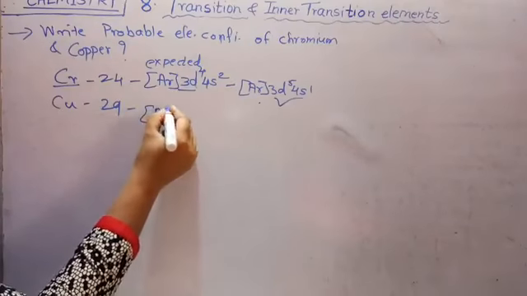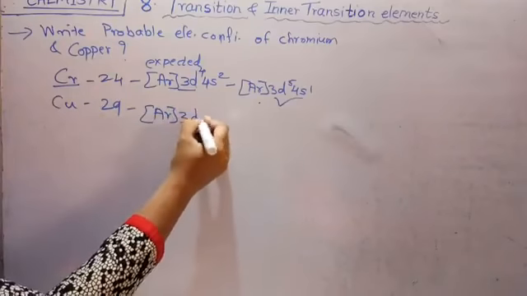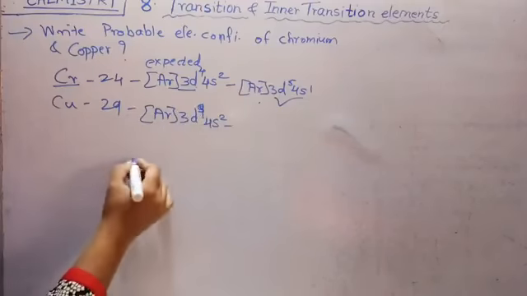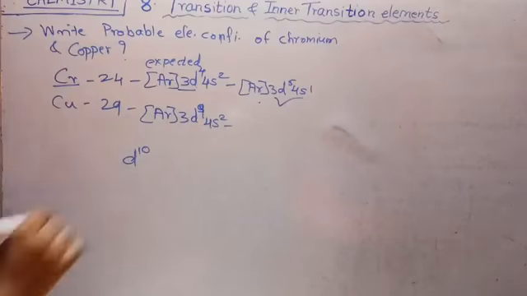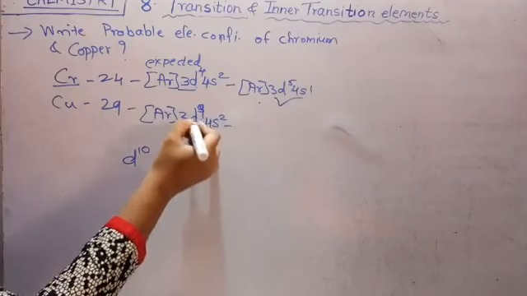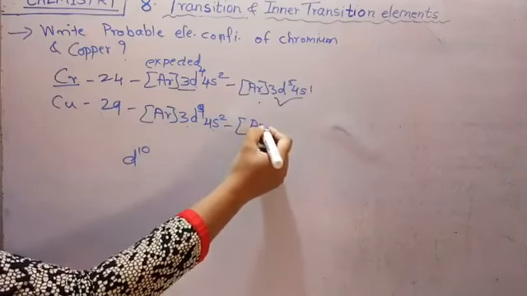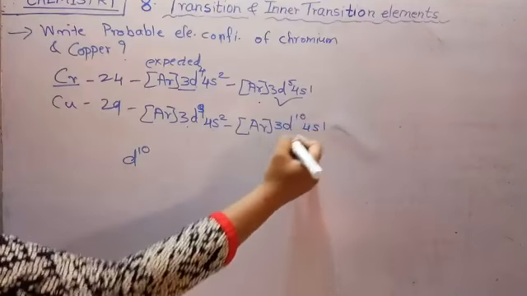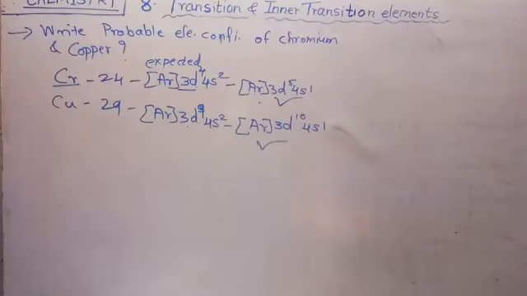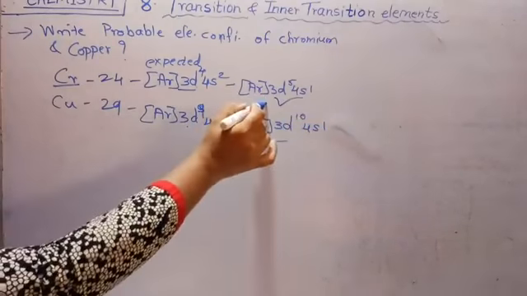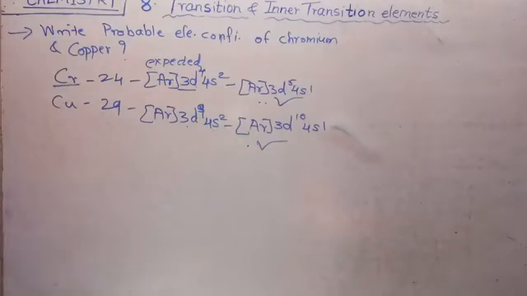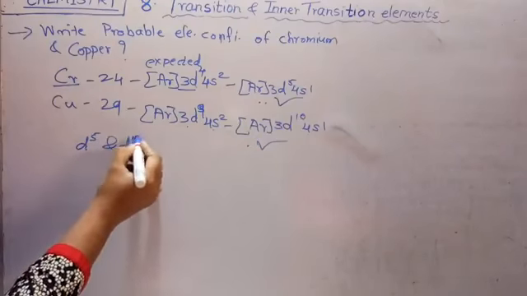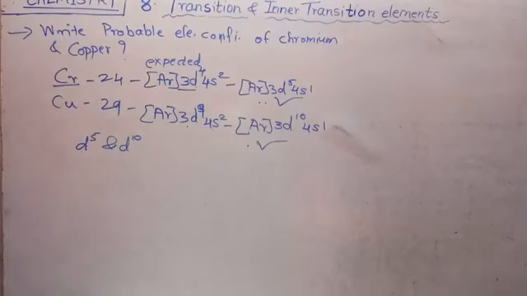The expected configuration is argon 3d9 4s2. To achieve the stable fully filled configuration, one electron from 4s is promoted to 3d, and copper shows argon 3d10 4s1. They achieve the stability of d5 and d10 configurations. Clear?